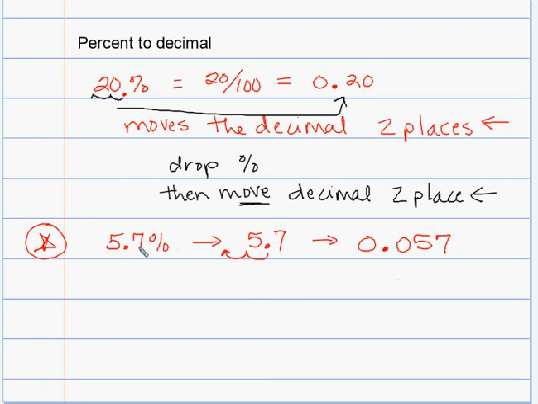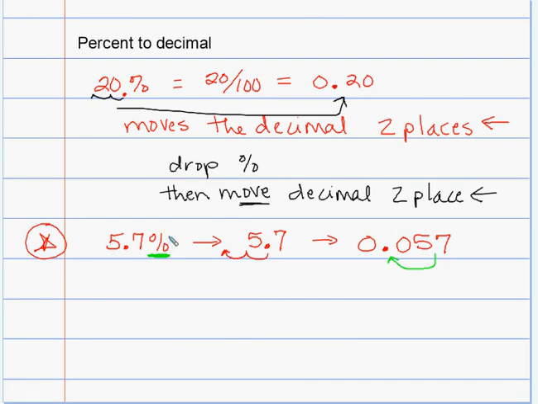These two numbers need to be different, and they need to be different by the percent sign. The percent sign needs to be gone, and over here we have the decimal moved from here to here. Okay, that's how you change from percent to decimal.